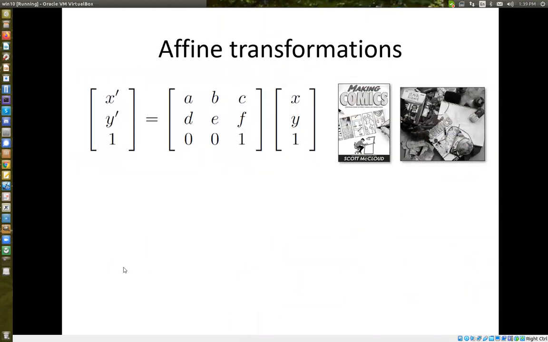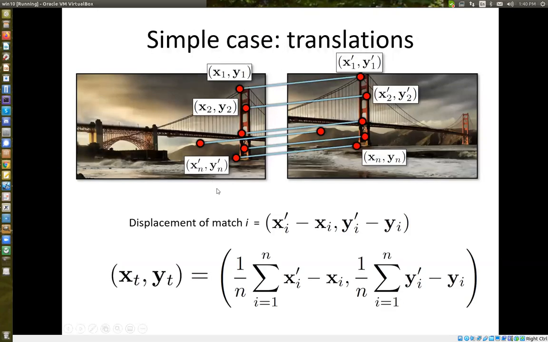So this is an affine transform. For the affine transform, as I said, here I only restricted to translation, right?